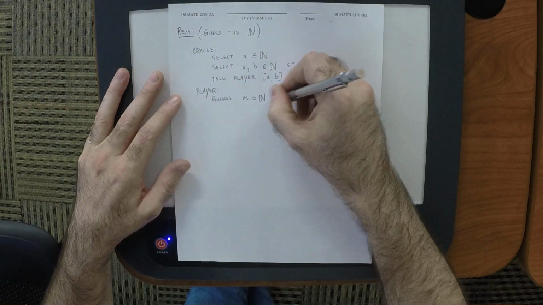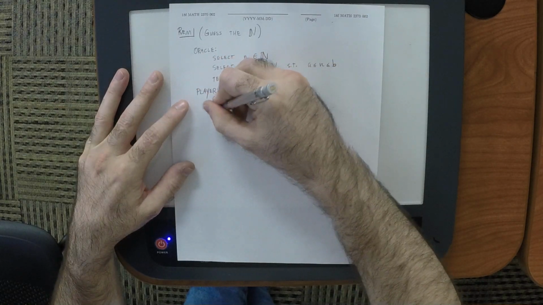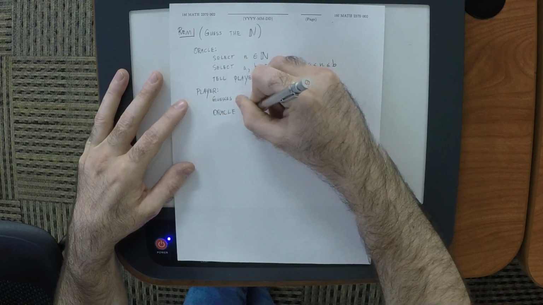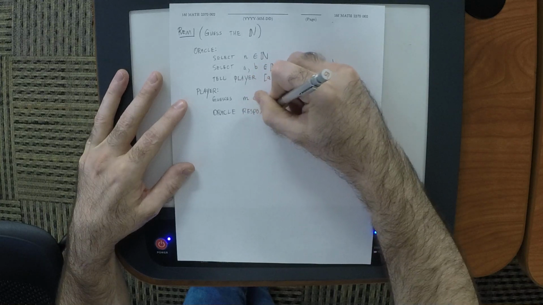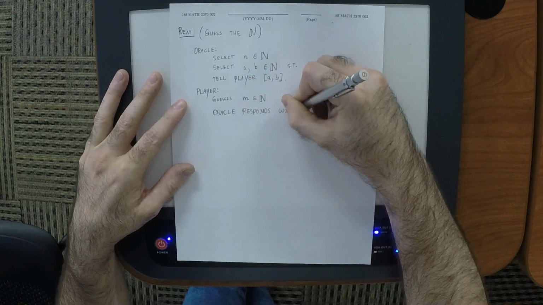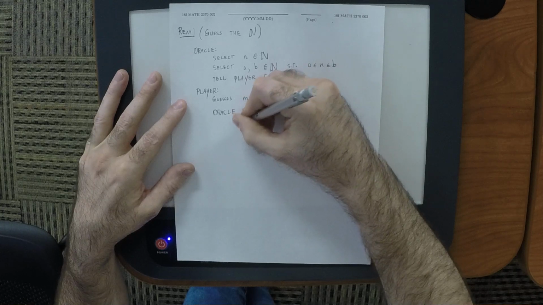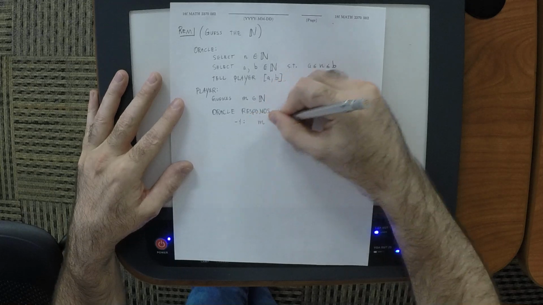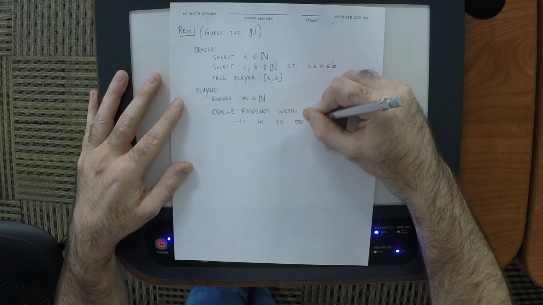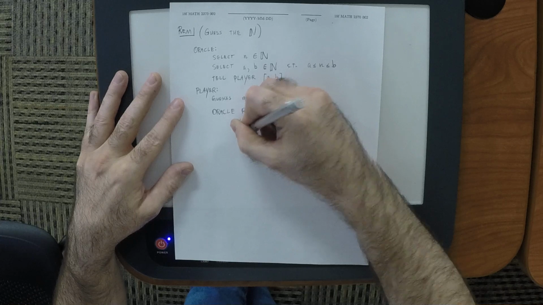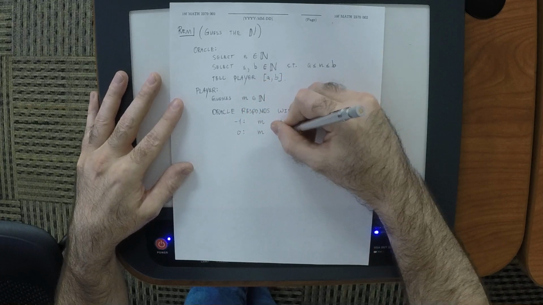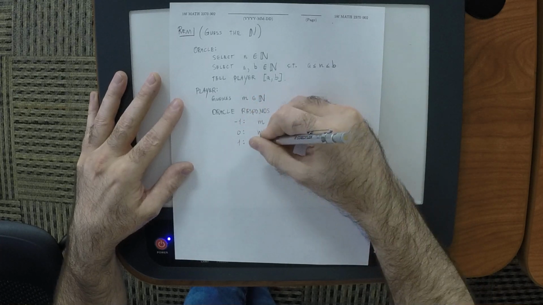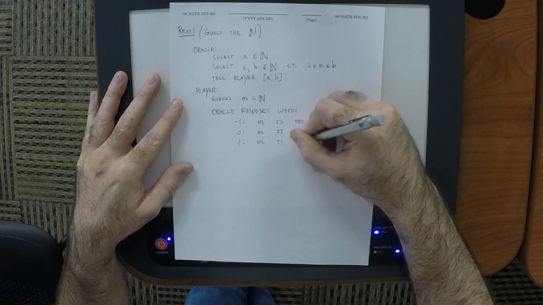The player guesses that, and the oracle responds with one of: -1 if M is too low, 0 if M is correct, and 1 if M is too high.